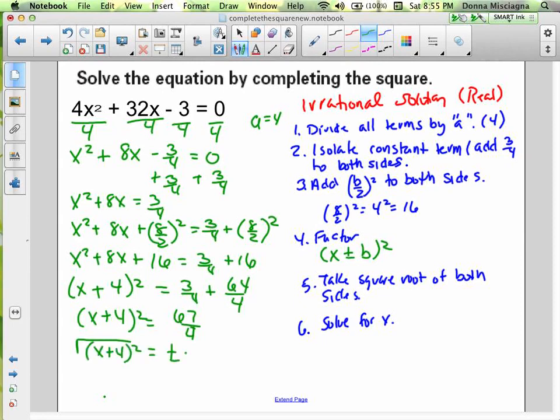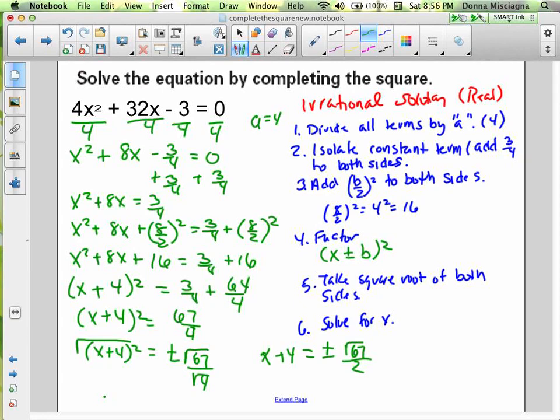Don't forget plus or minus on the number side, and split that fraction into 2 radicals. I'm running out of space going down, so I'm going to go this way. The square root of x plus 4 squared is x plus 4. And then we have equals plus or minus the square root of 67. 67 is a prime number, so we can't simplify that at all. And the square root of 4 is 2.